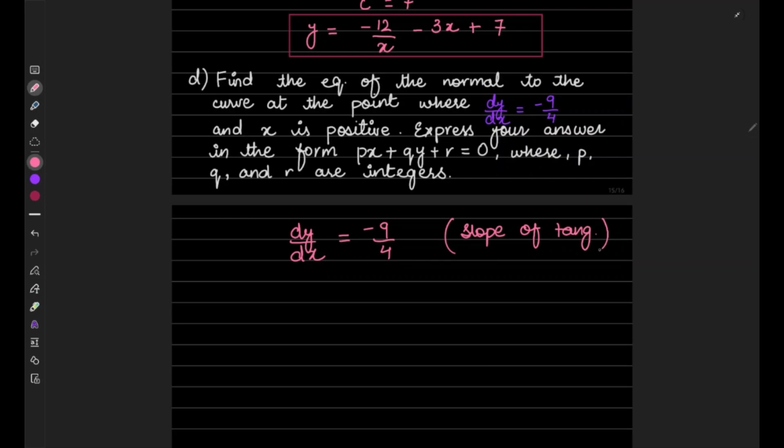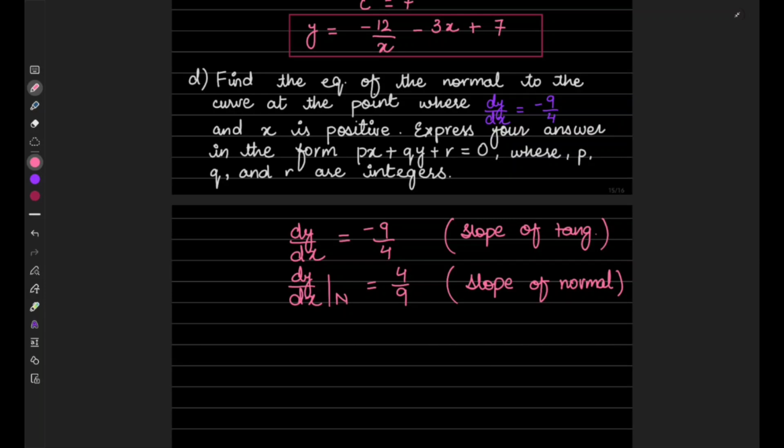So the gradient of the normal would be 4 over 9, the negative reciprocal, the slope of the normal. The second thing is x is positive. Okay, fine. And the third thing is, given that you need to just express this.